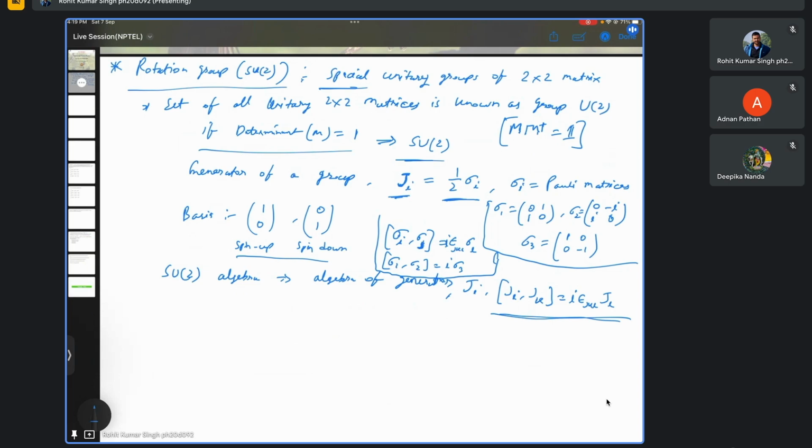So you can go from a spin up state to a spin down state, applying an annihilation operator, or you can go from spin down to spin up, applying a creation operator, which you do in quantum mechanics when you study the spin of the electron, spin of a particle. If you have not done a course on quantum mechanics, then this might be a little confusing for you.